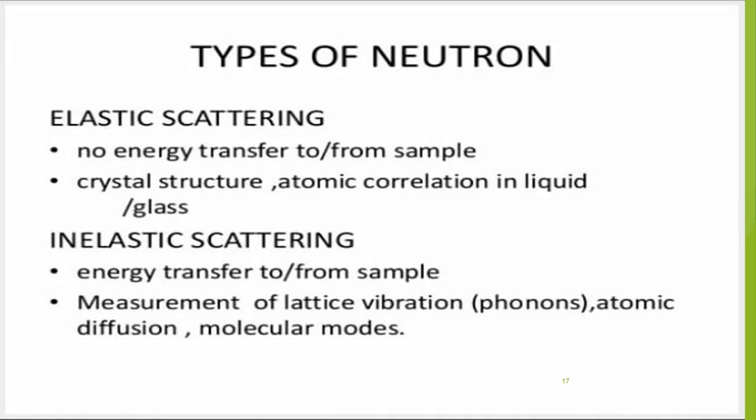In this slide, we are studying the types of neutron scattering, which shows two types: elastic scattering. In elastic scattering, no energy transfer to or from the sample occurs. The crystal structure and atomic correlation in liquid and glass can be studied by using elastic scattering.